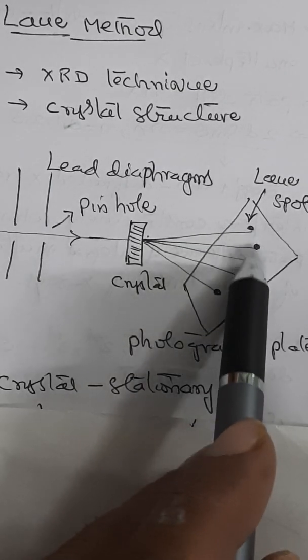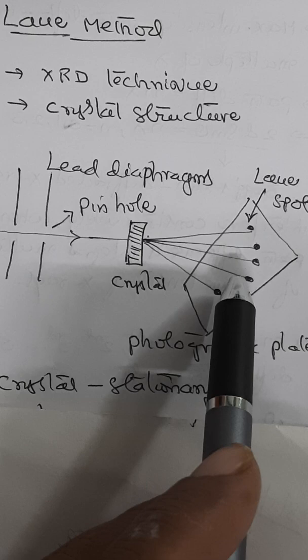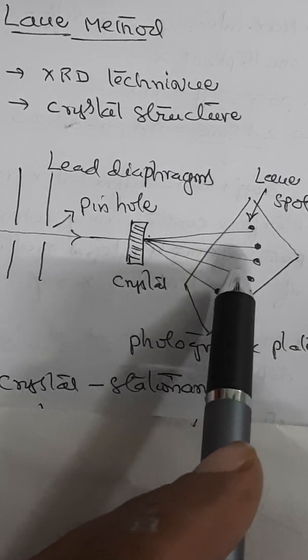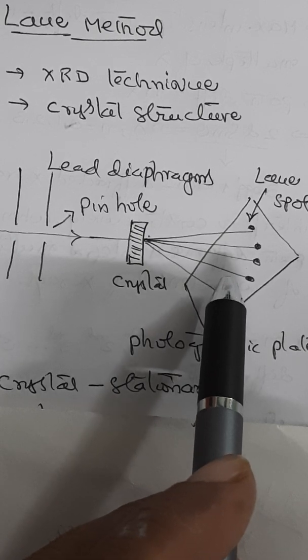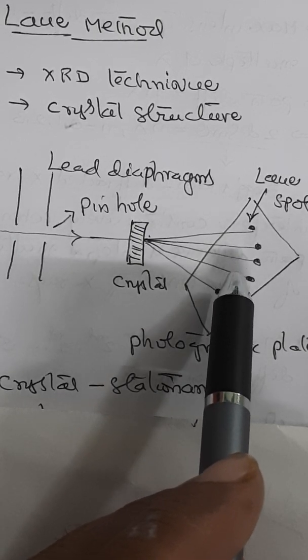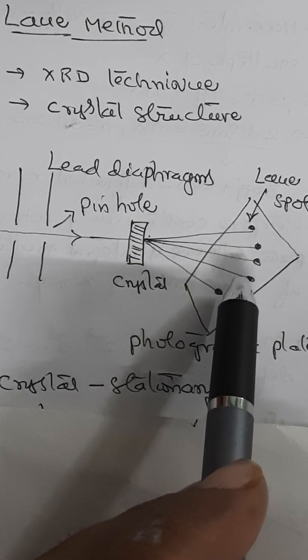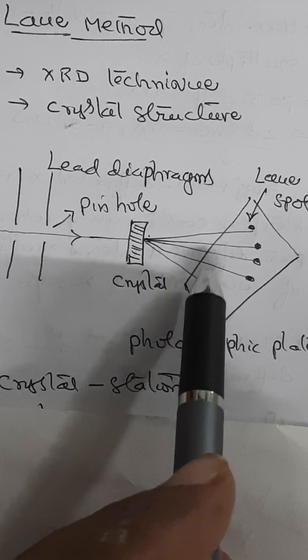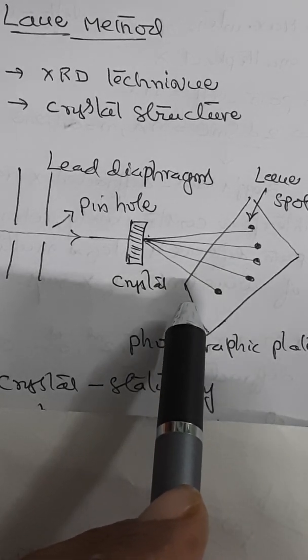The diffraction pattern, if you observe, consists of a series of bright spots corresponding to interference maximum for a set of crystal planes satisfying Bragg's equation, that is 2d sinθ = nλ for a particular wavelength of the incident beam.